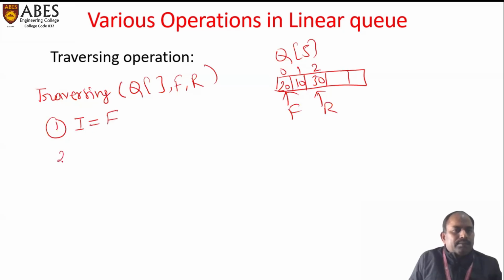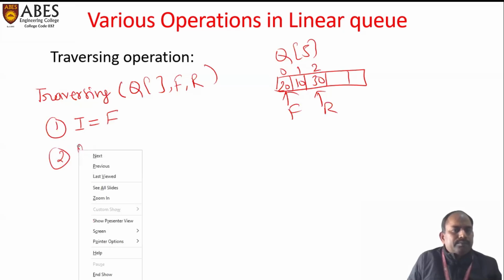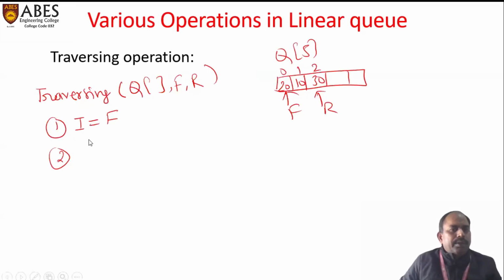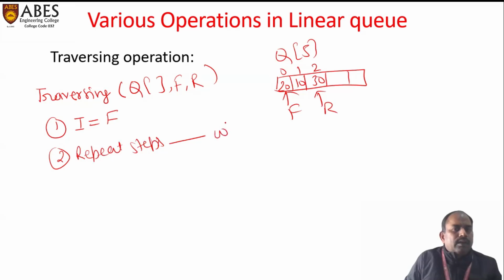In the second step, we apply a loop. So we write repeat steps while I is less than or equal to rear.